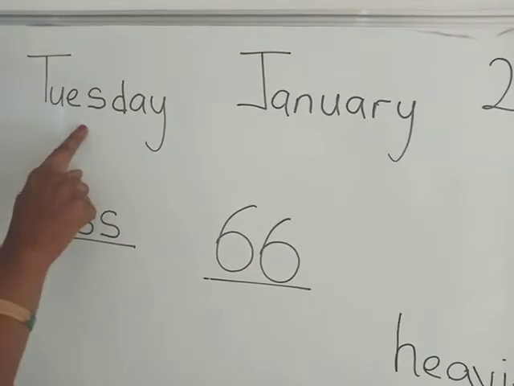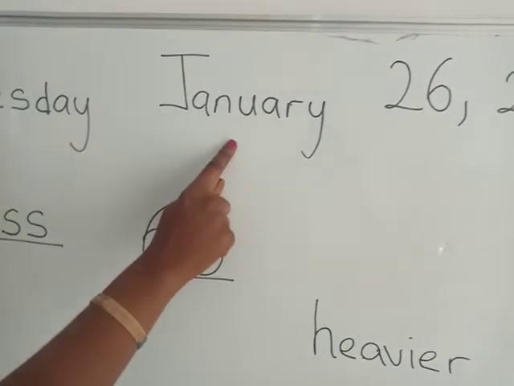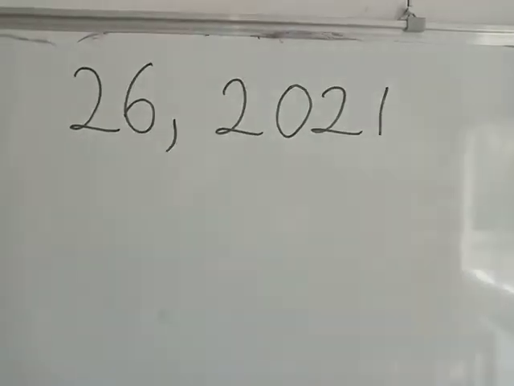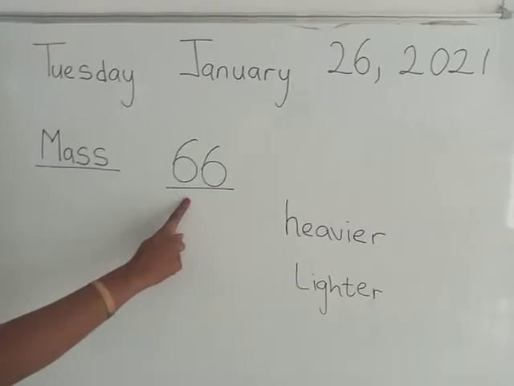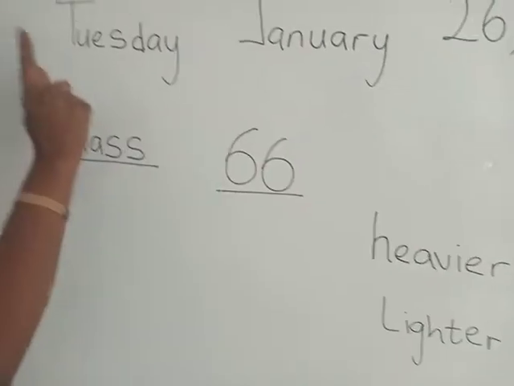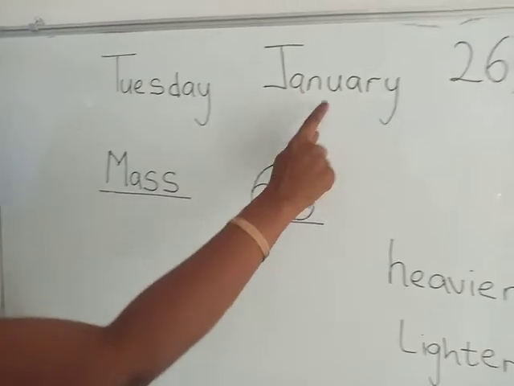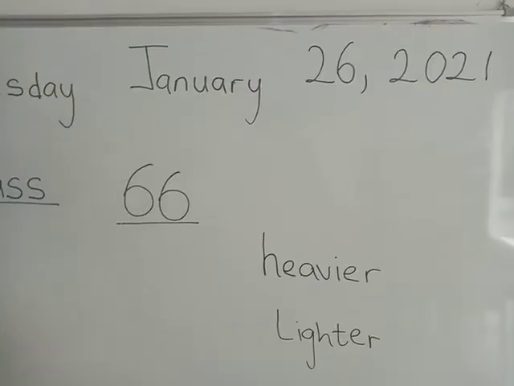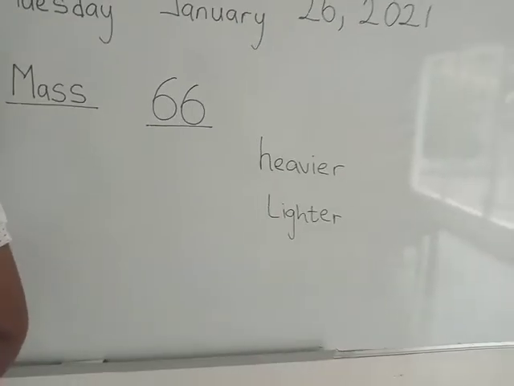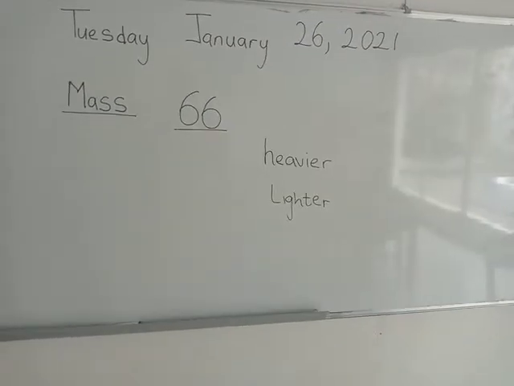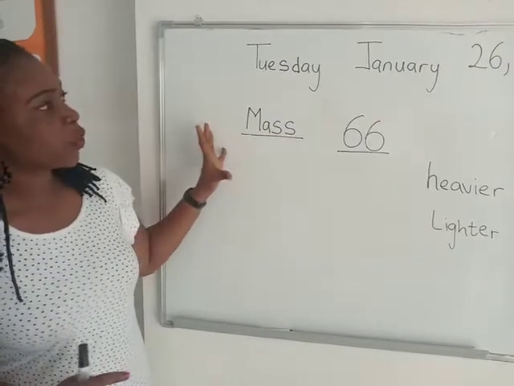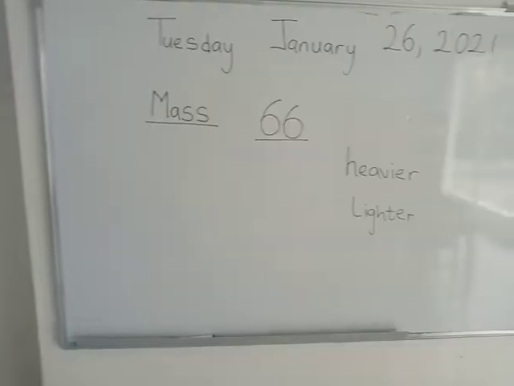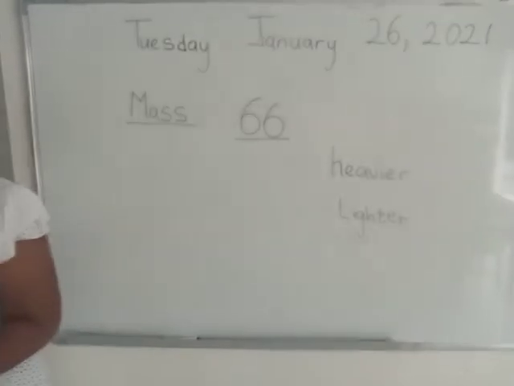Today is Tuesday, January 26, 2021. Okay, then when you're done with the dates, let's quickly read the short notes in the book together before we carry out the exercises in the book.